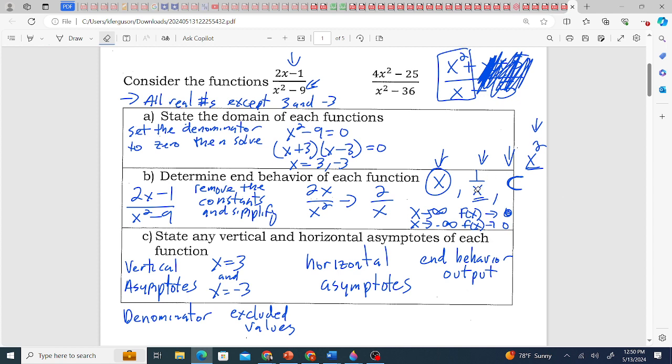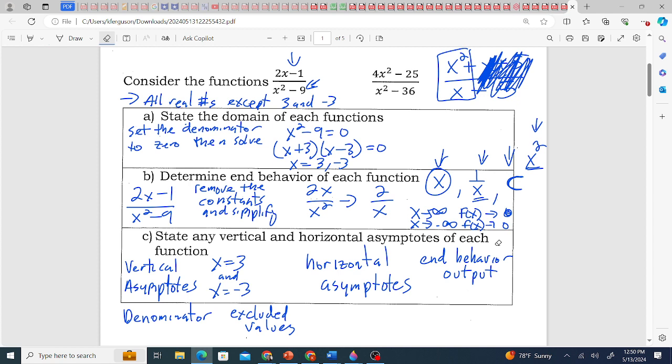Like I said, if there is a specific value that my function approaches as far as end behavior, then I have a horizontal asymptote. But if it doesn't approach something specific, if it's general, as x approaches infinity, f of x approaches infinity, then I don't have one. If as x approaches infinity, f of x approaches 3, then y equals 3 would be my horizontal asymptote.